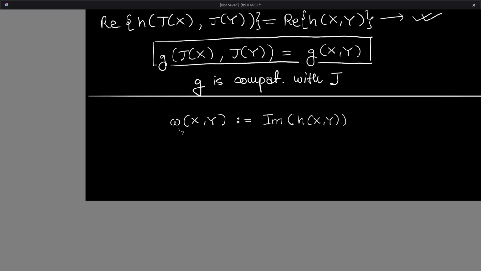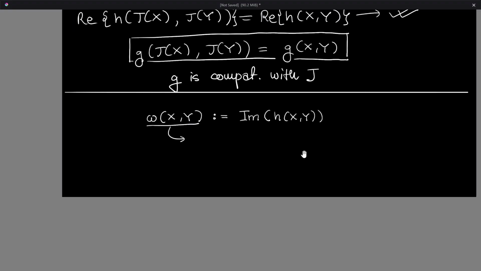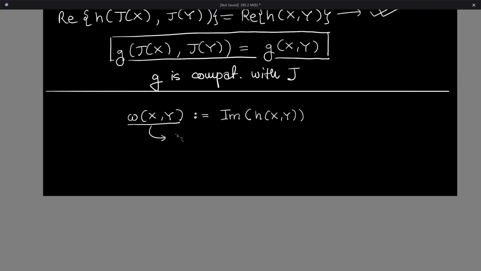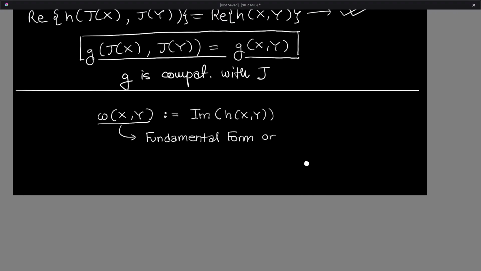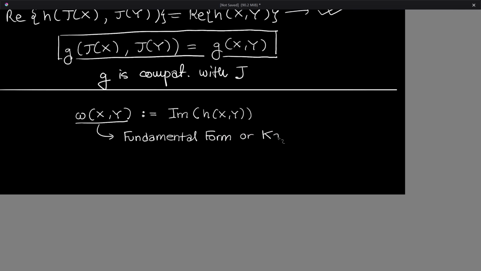This is also a two form, just like g and h. This two form is called the fundamental form, or the more interesting name, the Kähler form. Ooh, Kähler manifolds. This has something to do with Kähler manifolds, as we'll see next time.